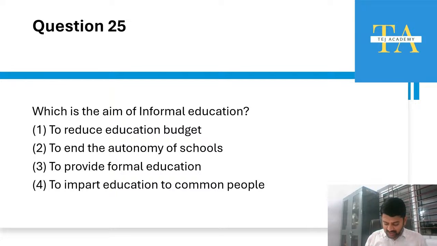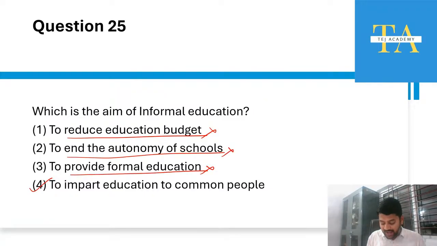Yes, you all are correct, the fourth one. Informal education purpose is not to reduce the education budget, not to end the autonomy of schools, not to provide the formal education. It is to impart the education to common people, to include more number of people. That is the purpose of informal education.